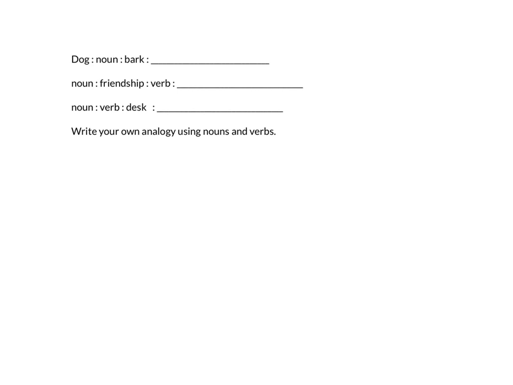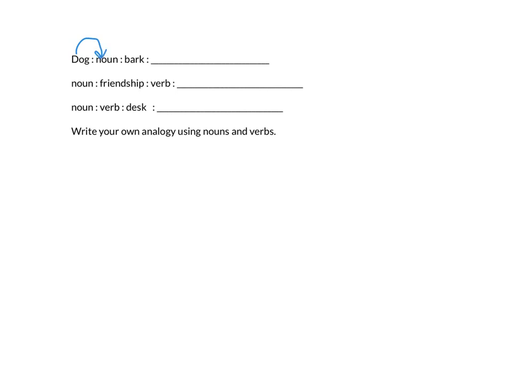So here we have three different analogies where we're going to be working with just nouns and verbs. So remember the way they're read, you have a colon, the dot dot, that's read is to and as. So dog is to noun as bark is to blank. So one of the things that we need to think about is, what is the relationship between the word dog and noun? Well, a dog is a noun.